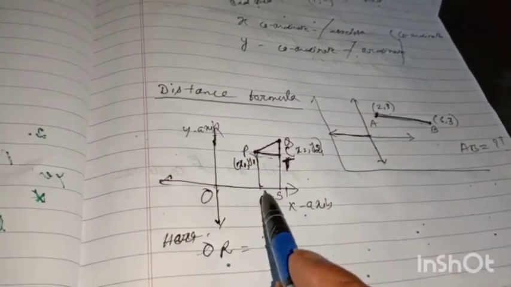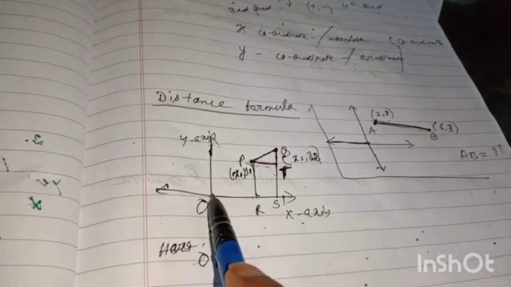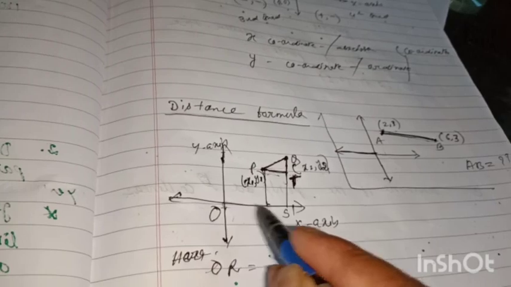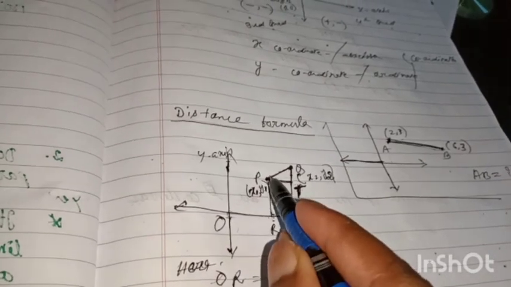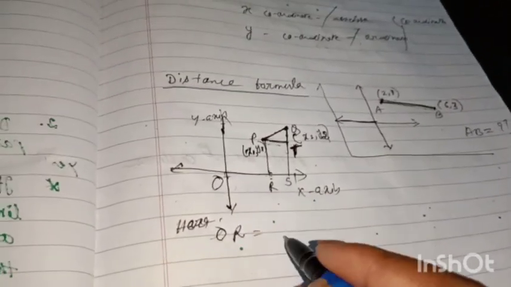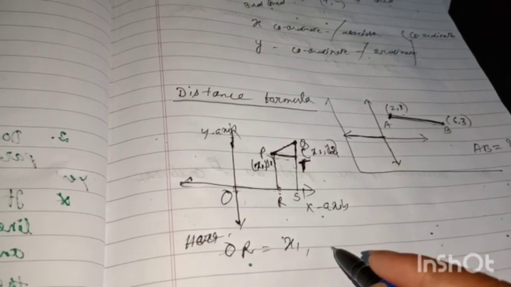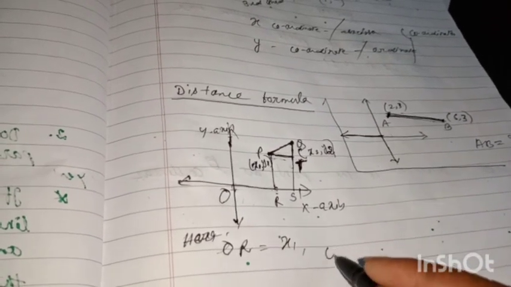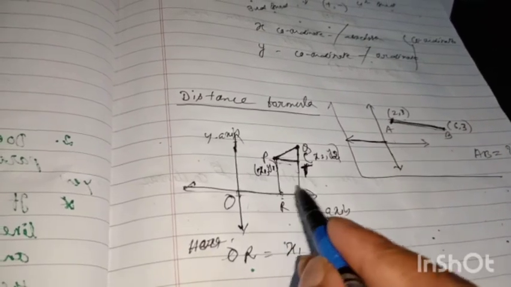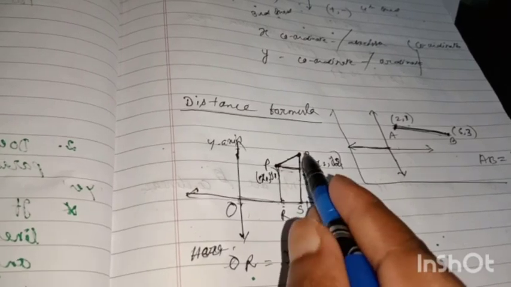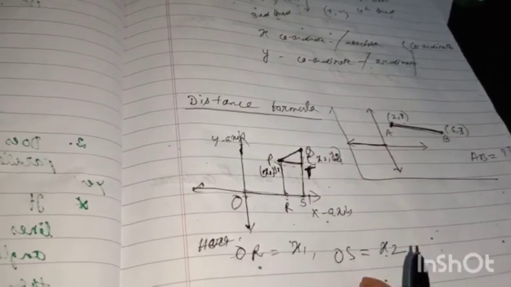So like that OR, this is how much? x1, and then y1. That is why you got the point P here. So that means OR is x1. Then OS, now here x2, y2. Then you first got OS as x2, y2, then only you got Q. So S is x2. Try to understand these values.